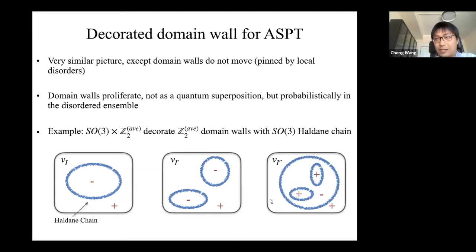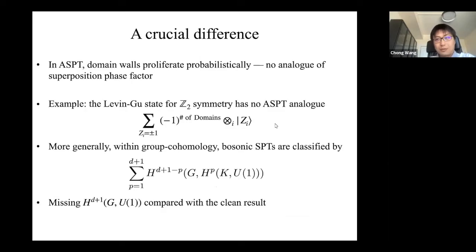If the answer is that it's a non-trivial Haldane chain, well, that's going to be clearly different from having nothing decorated on the large Z2 domain walls. In fact, you can argue more carefully that these two cases are really distinct. So this construction actually gives you a non-trivial example of an average SPT protected jointly by the SO3 exact symmetry and the Z2 average symmetry. So the picture does look very similar to the clean case, but it's not completely the same.